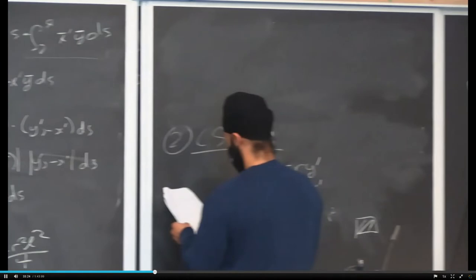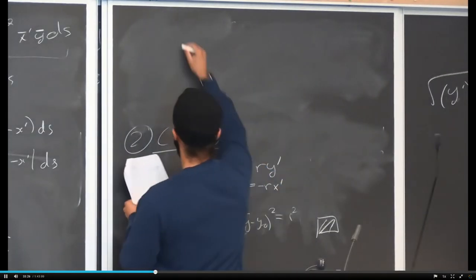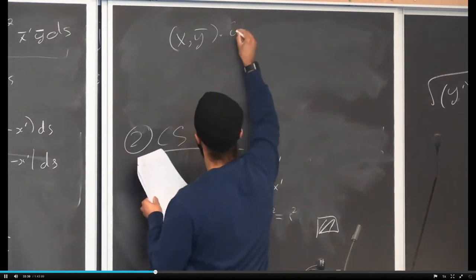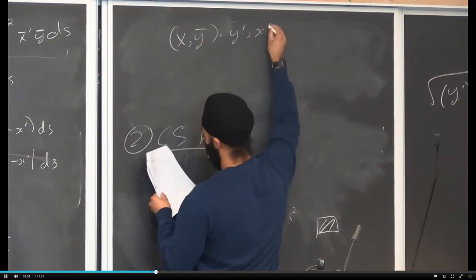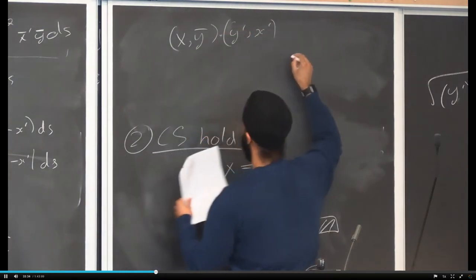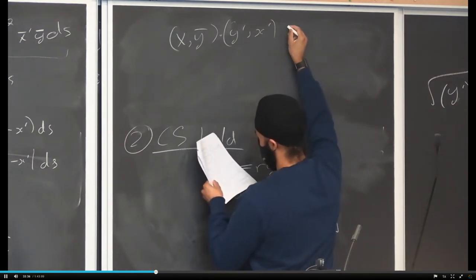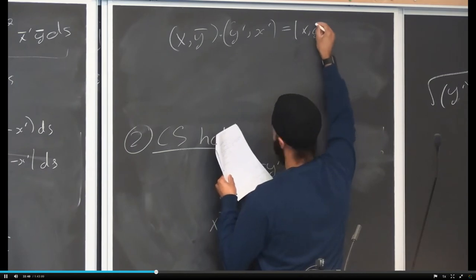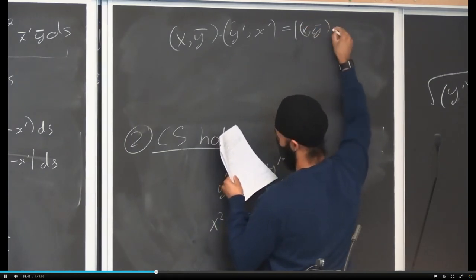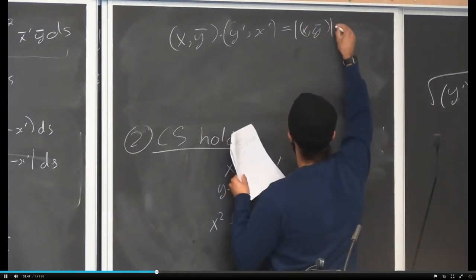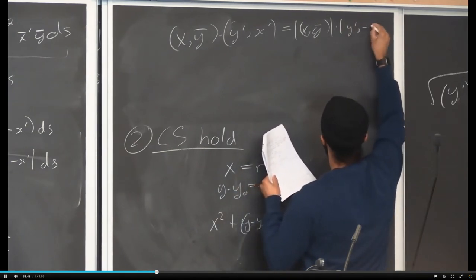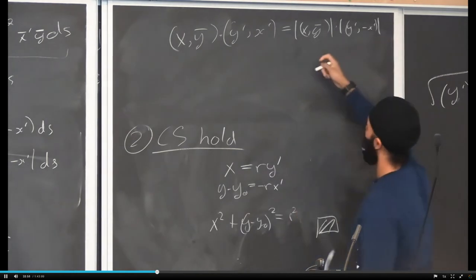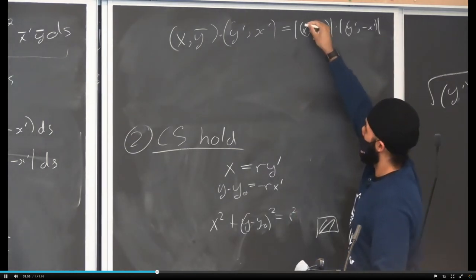So what we have is (x bar, y bar) dot (y prime, x prime), which you get from there, is equal to (x, y bar) dot (y prime, minus x prime). So this is your circle.